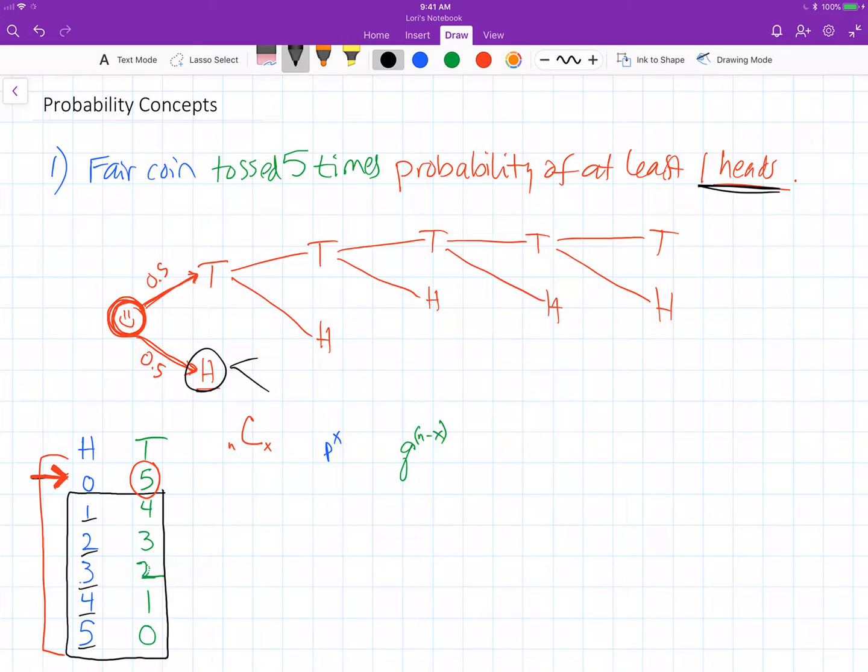Anything that I do branching after that, whether I get tails or heads, doesn't matter, because I have already achieved 1 heads, and that will be part of my answer of having achieved at least 1 heads. It's only in the case that I achieve tails and continue to achieve tails throughout the experiment that I did not meet this particular outcome.